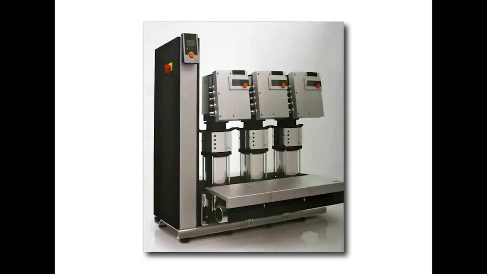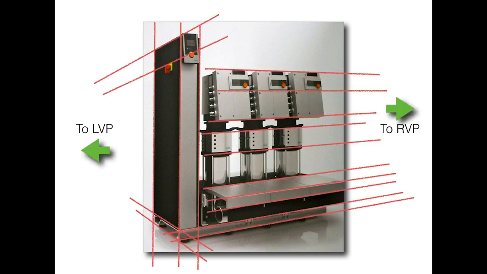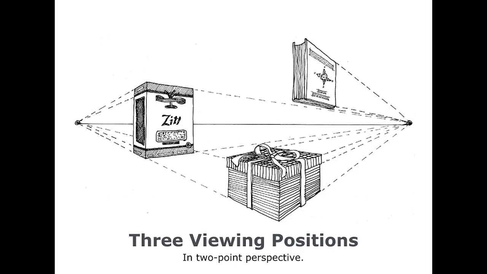This machine photo shows two-point perspective as a reality. Here are the two-point perspective vanishing lines drawn over the photo to the vanishing points. Here are a cereal box, a book, and a gift in 3 different views and positions in two-point perspective.